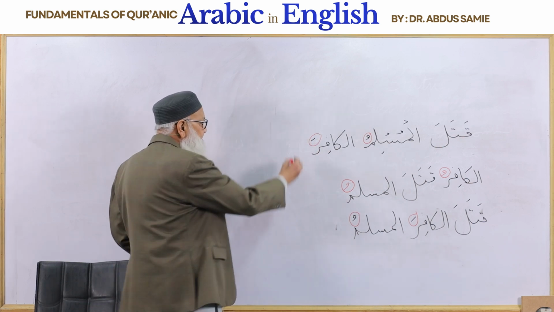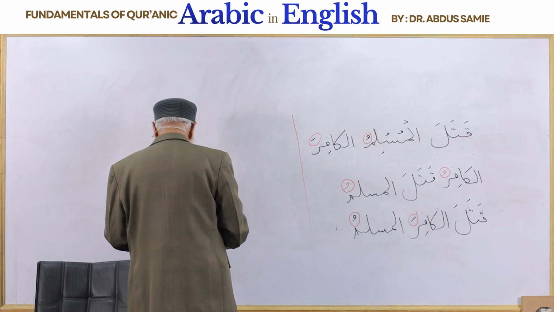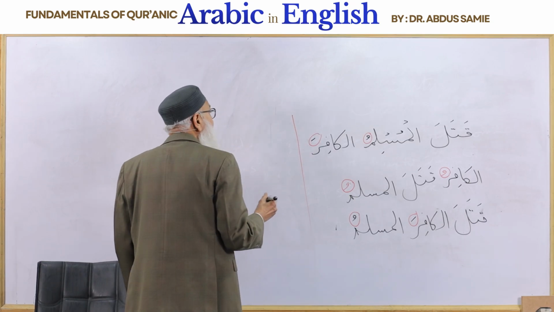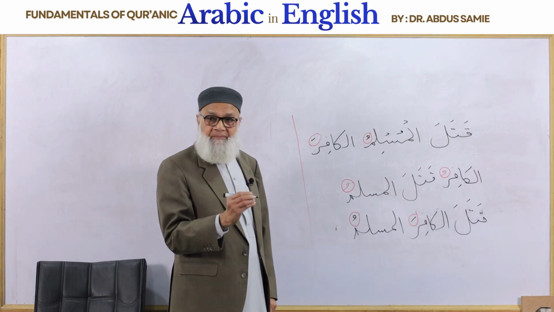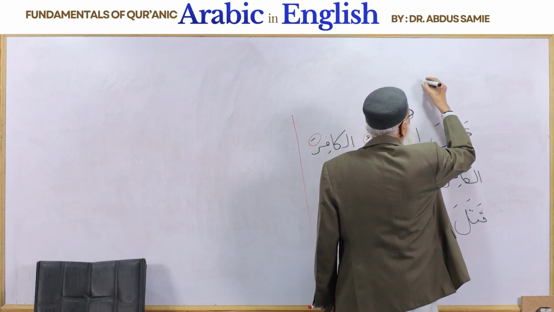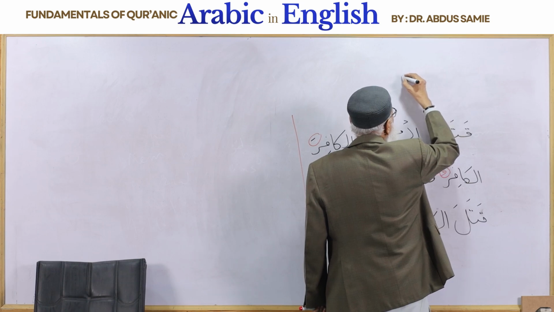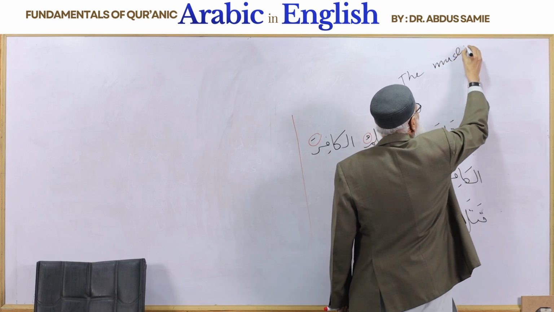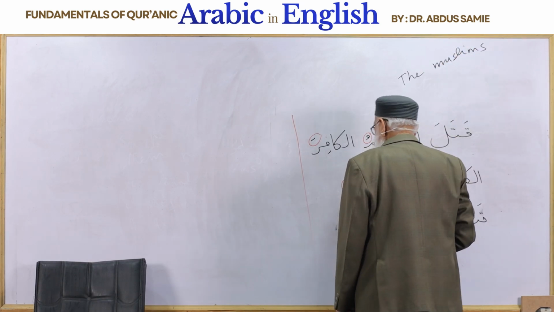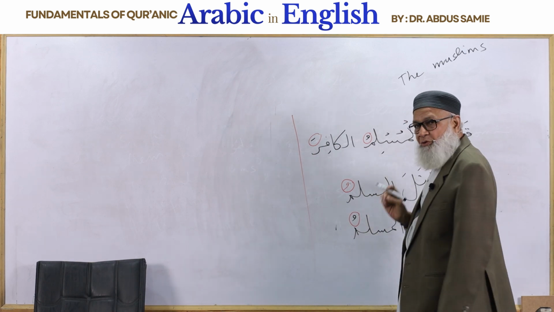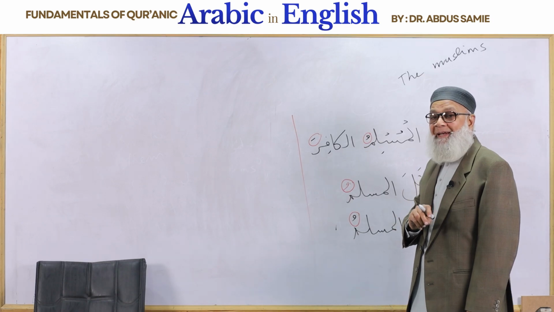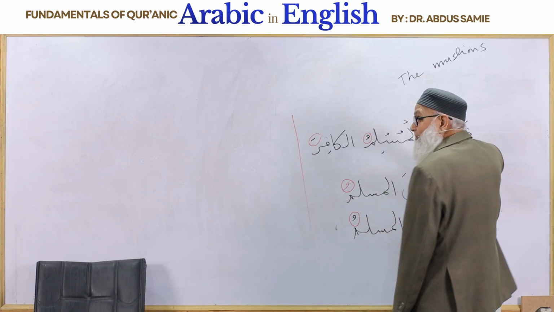Now we go to the plural. In plural form, the i'rab is indicated by the huruf, the letters. The Muslims: the parallel of the Muslims in Arabic is not one.